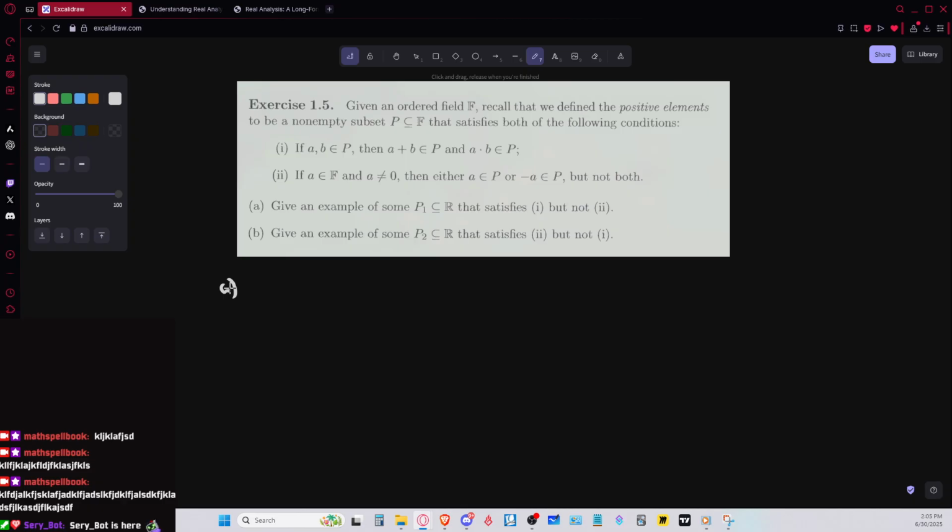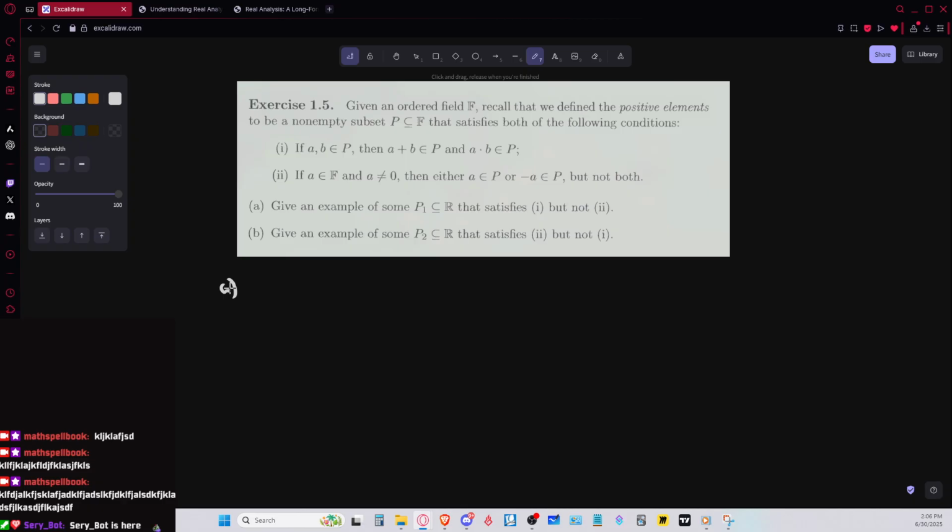Given an ordered field F, recall that we defined the positive elements to be a non-empty set P, a subset of F, that satisfies both of the following conditions.